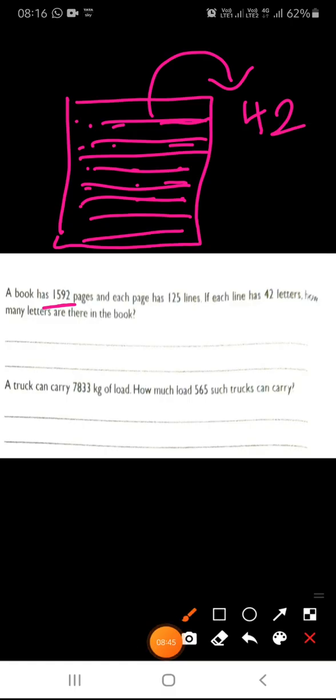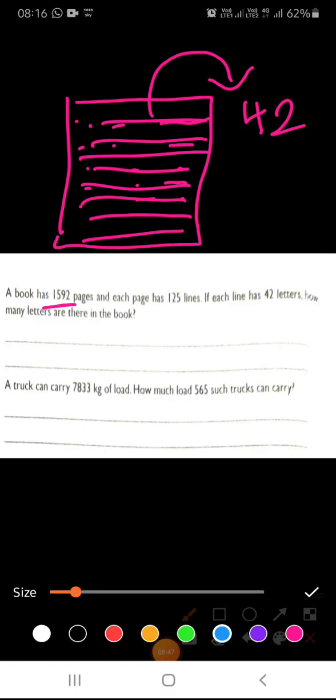We know that the total pages are 1592. In one single page how many lines are there? 125 lines are there. And how many letters are there in one line? 42 letters are there. So as I had told you, one line is given, meaning in one line 42 letters are there.